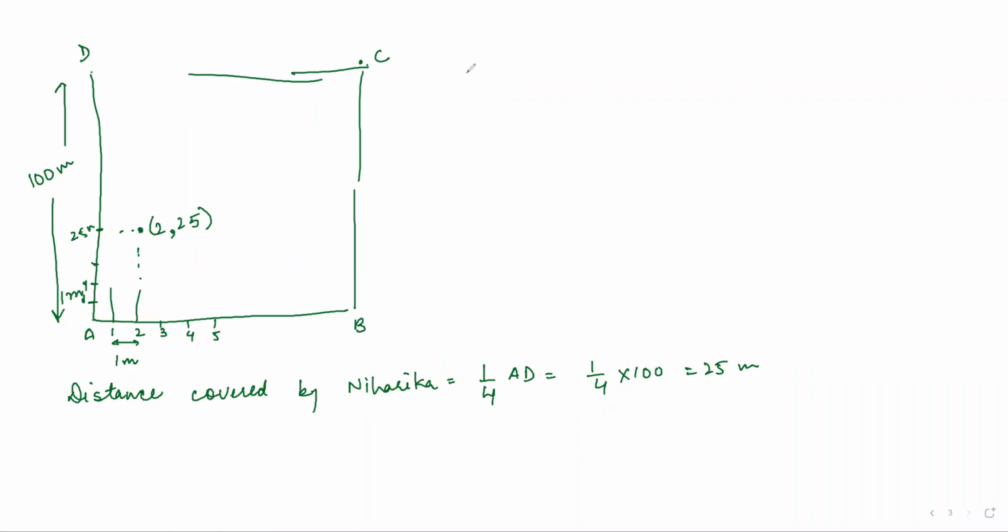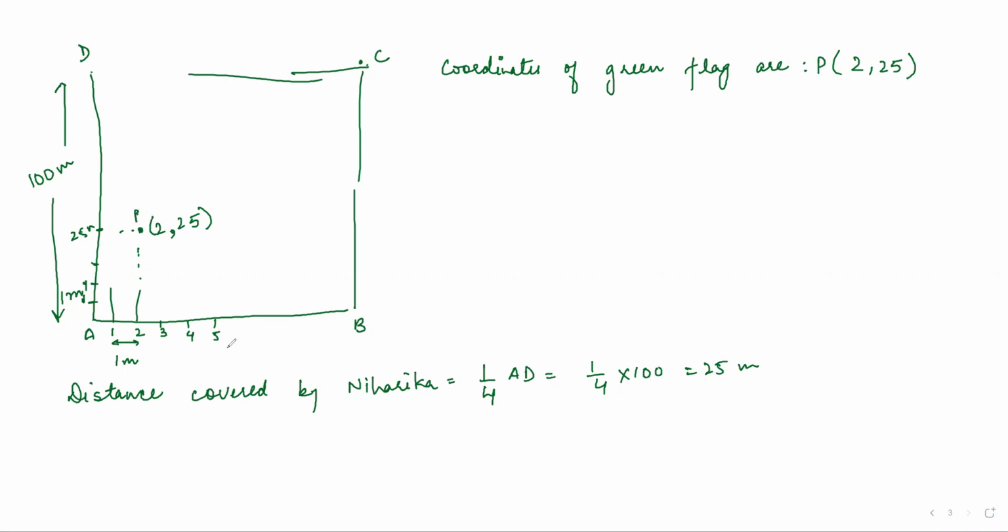So you will write that coordinates of green flag are 2 and 25. Got it? Or you can give this point the name P.